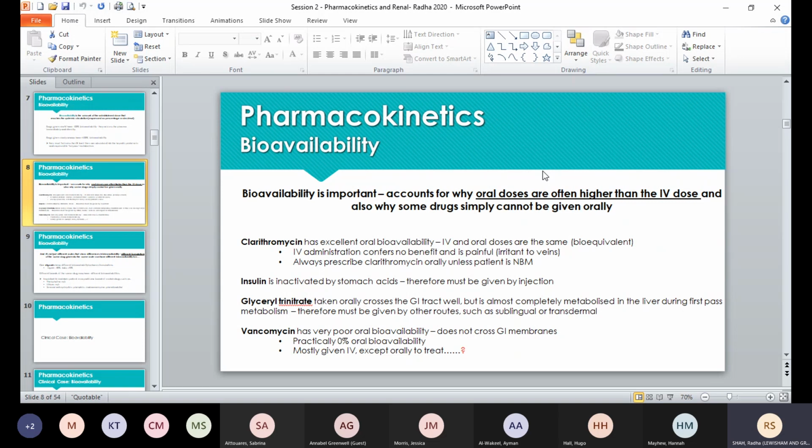On the other hand, vancomycin is always given, well, nearly always given through the IV route, and that's because it's got a really poor oral bioavailability. But there is one indication as to why it would be given orally. Does anyone know what the indication is to give vancomycin orally?